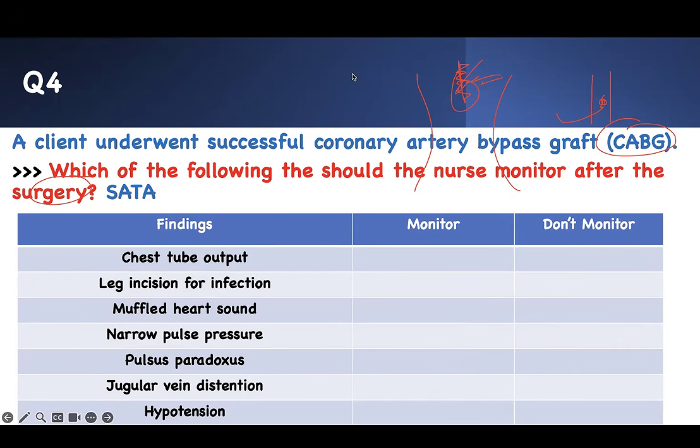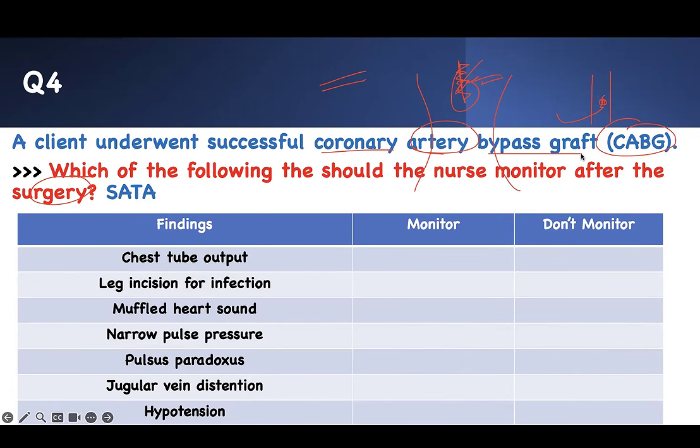Or they use a different prosthetic graft. No matter what they do, there's a surgery in your chest. It's a coronary on your heart, artery, a vessel. I'm bypassing something with the graft. That is it. Even if you don't know what CABG is, coronary artery bypass graft, look at the answers.